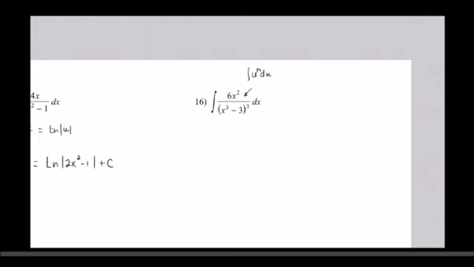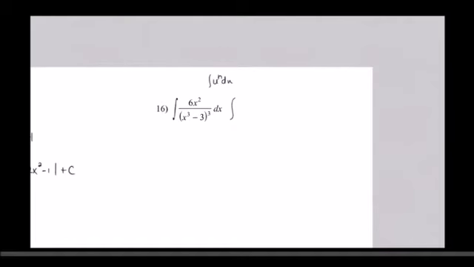This one is in the form of a fraction, so it would help if we move this denominator up to the numerator using a negative exponent. So 6x squared x cubed minus 3 to the negative third. So the inside part will be u.